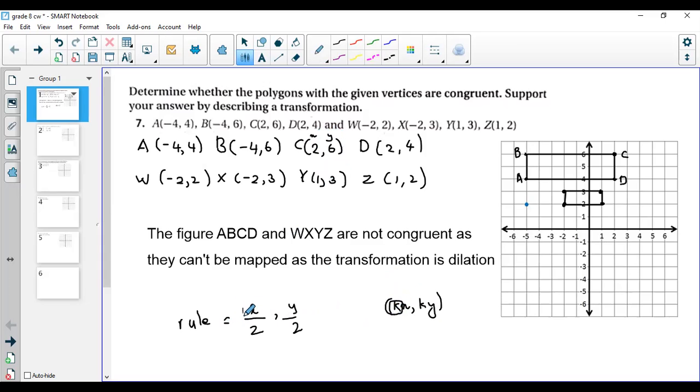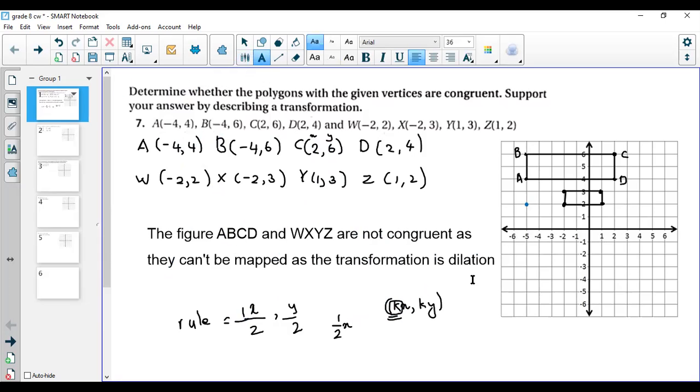So to show that I'm making this half. So it's going to be the same. You multiply half by 2, you're going to get the answer as 1. You multiply half by 6, you're going to get the answer as 3. In fact, it's the same, right? Half x means half multiply x. So half of negative 4 is negative 2. Half of 4 is 2. So in fact, it's the same. Only that we are changing the divide into a multiply because we need to write the value of k.